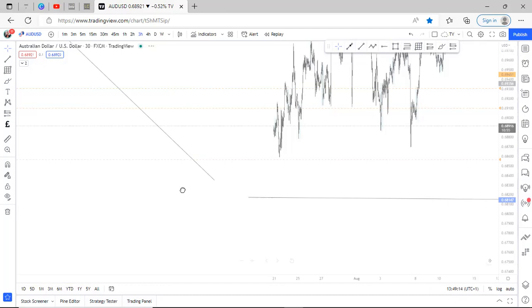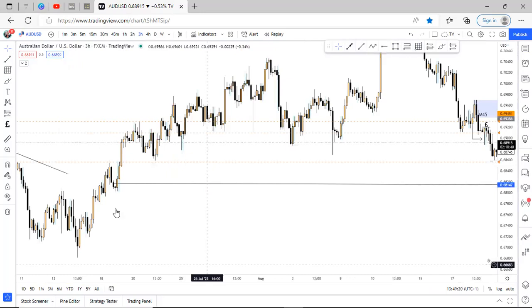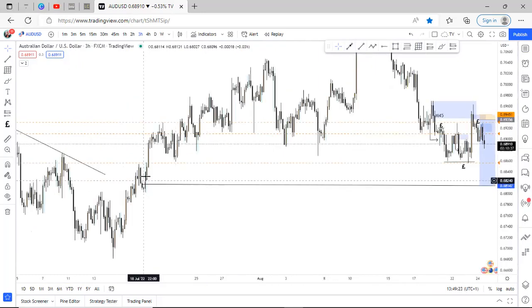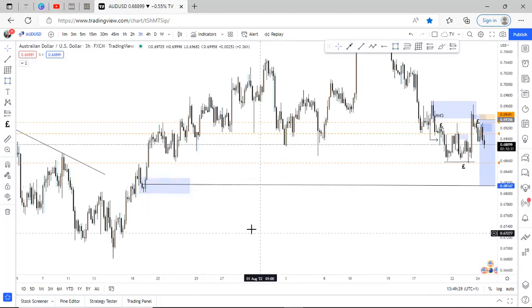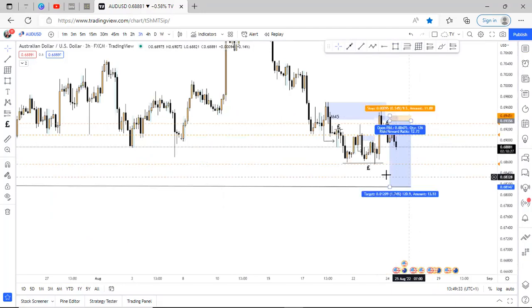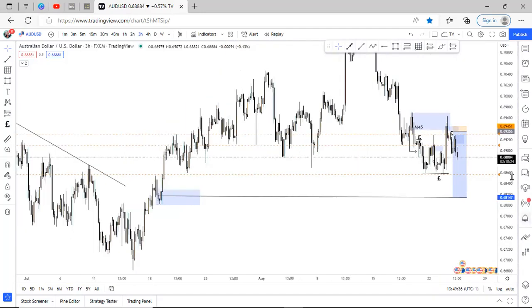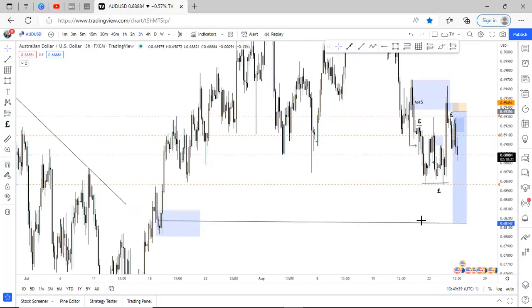And so looking to the left on AUD USD, you can see we have this demand zone that is yet to be mitigated on this 3 hours time frame. Okay, so there's probability for price to push down, clear out the liquidity right here, and hit this level right here. So we're targeting the 0.68200.